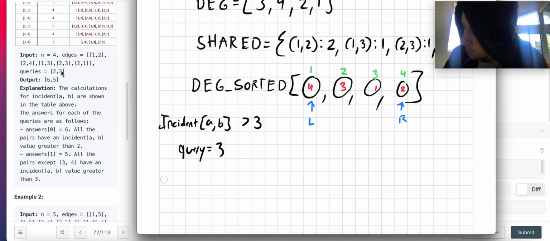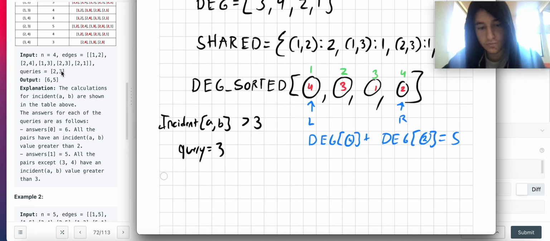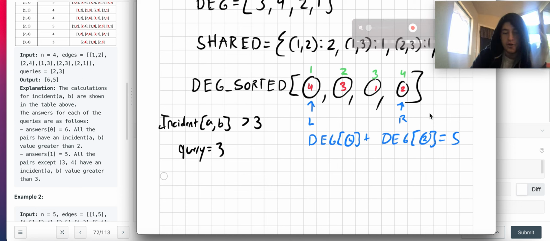So the value of the degree of 4 plus the degree of 2 equals 5, right? So the degree of the smallest vertex, this left one, and the degree of the largest one is 5, which is greater than query.